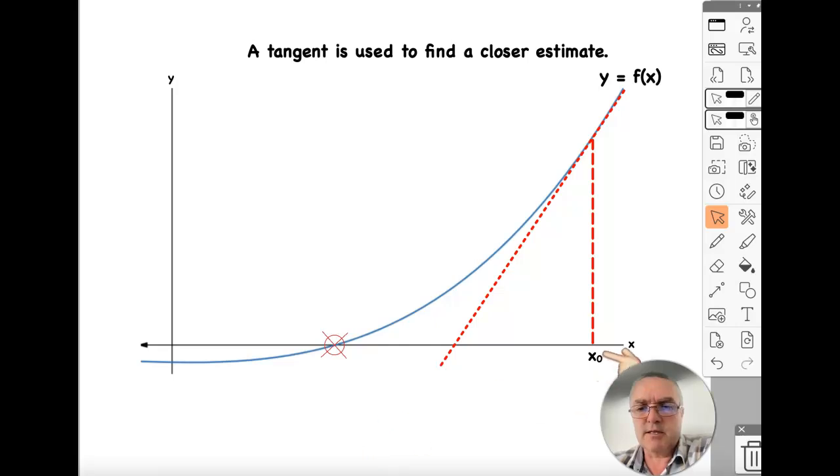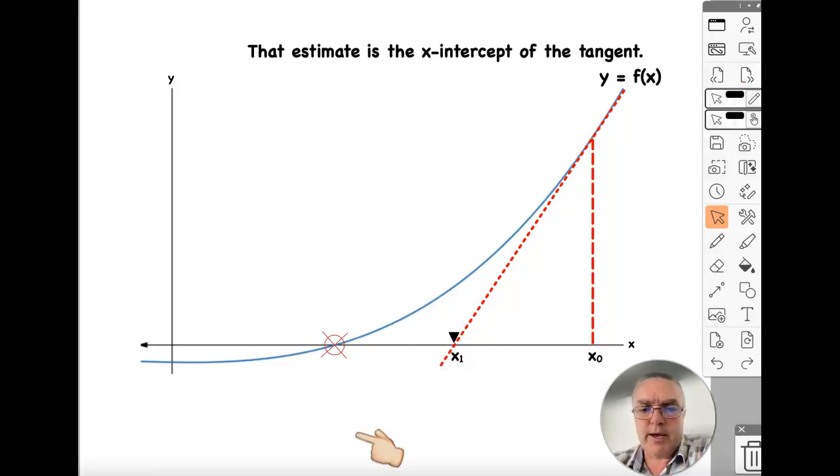So there's our guess, there's the point at which we're making a tangent, and that straight line tangent comes down and intersects the x-axis. So in this case, our x-intercept has got closer to the actual root that we're finding. This was our guess, and this actually becomes our estimate, or our next guess, if you like.